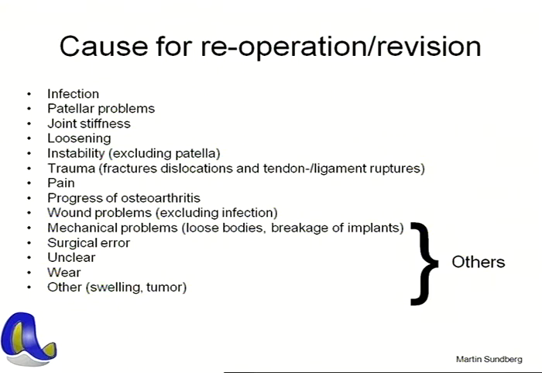Common causes for secondary surgery were infection, patellar problems, and joint stiffness. The patella group includes all problems concerning the patella. So, for example, a dislocating patella is presented in this group. The trauma group includes fractures, dislocations, and tendon or ligament ruptures.